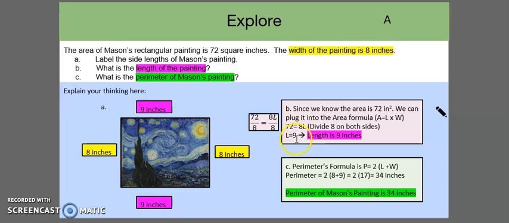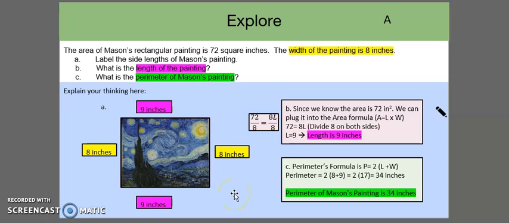We set up 72 equals 8L. To solve for L, we use inverse operations, dividing by 8 on both sides. L is isolated, and 72 divided by 8 is 9. So L is 9, therefore the length is 9 inches.